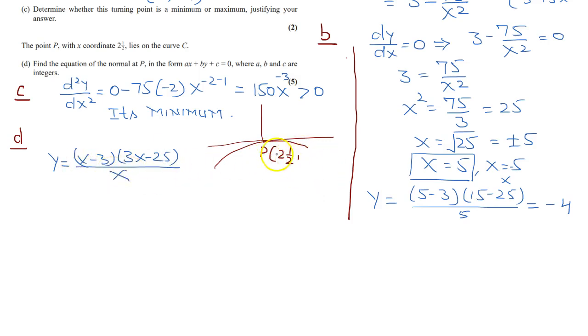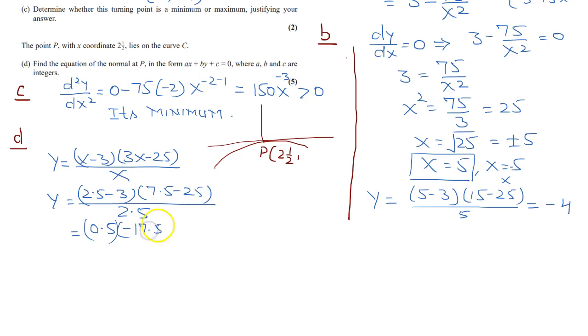So if x is equal to 2.5, y will be (2.5 minus 3)(7.5 minus 25) over 2.5. So minus 0.5 times minus 17.5 over 2.5.